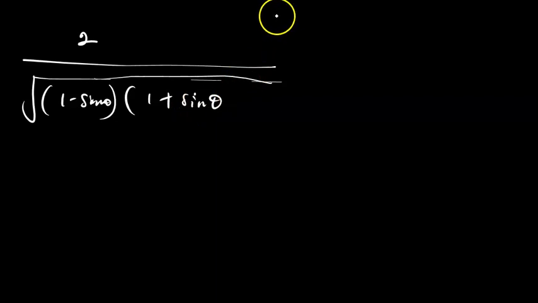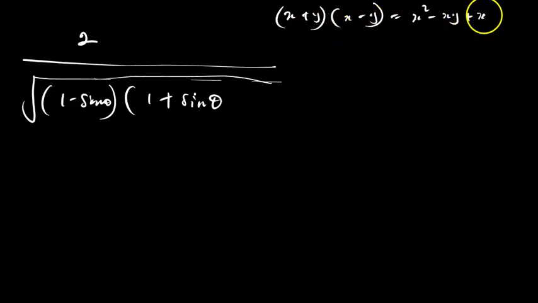Now when we are expanding, if we have x plus y into x minus y, you know that this obviously will lead to x times x becomes x squared, x times y becomes minus xy, y times x becomes plus xy, y times y becomes minus y squared. So at the end of the day, this becomes x squared minus y squared.